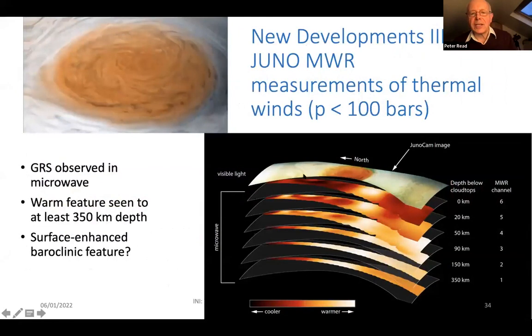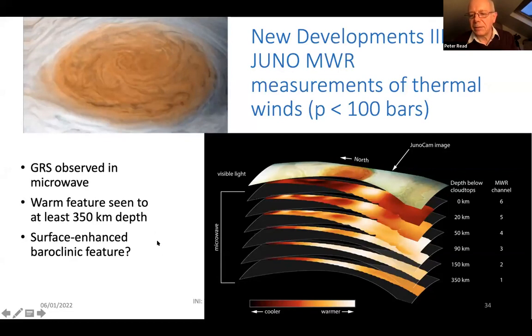We can also look at the structures of some of the other, more localized features. So the Great Red Spot, for example, this oval anticyclonic storm that's been observed for hundreds of years, turns out also to have complicated structure in the vertical, but is actually surprisingly shallow.